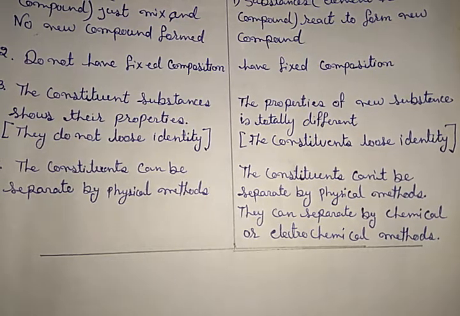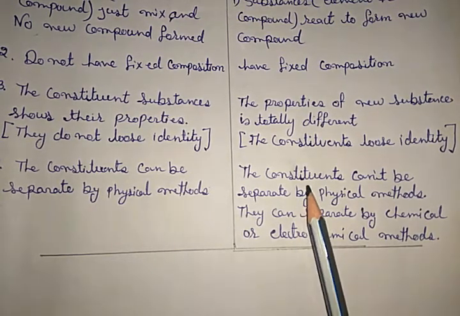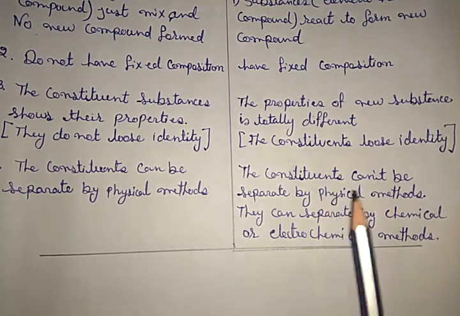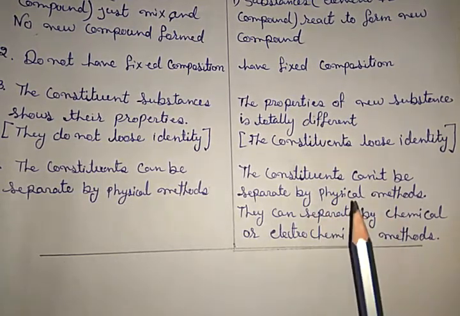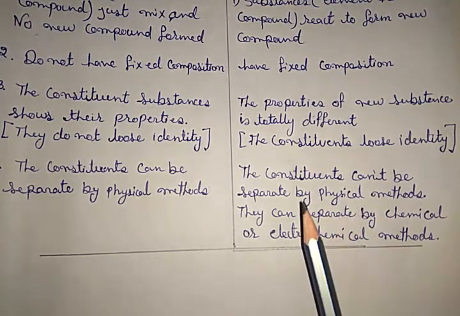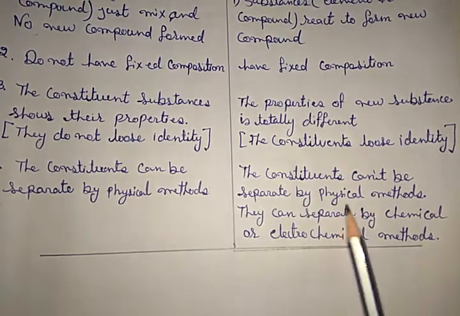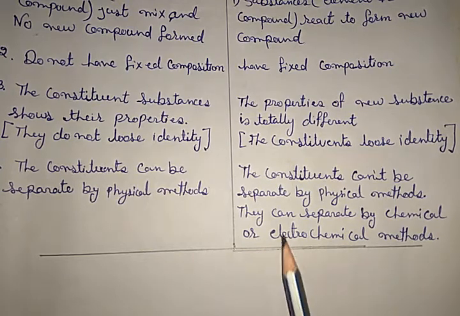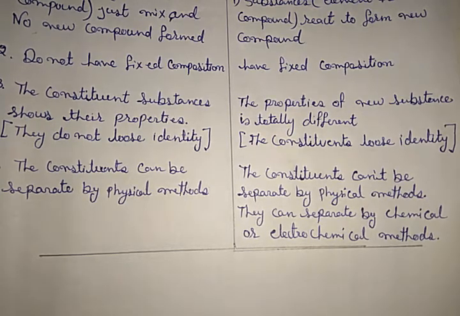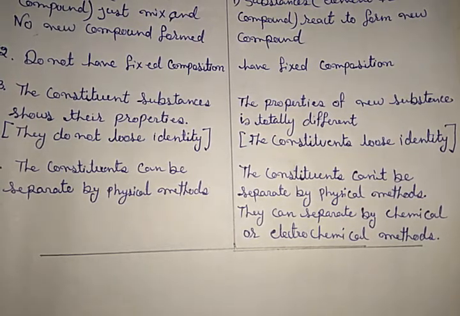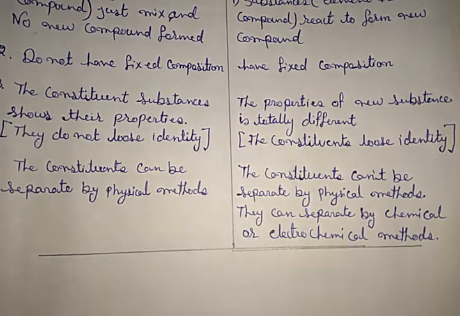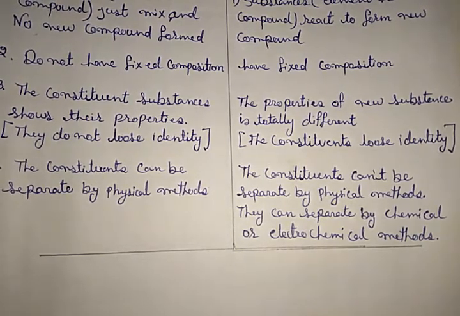As we discussed, when we applied the magnet, was the iron separated? No. When we added carbon disulfide, was the sulfur dissolved? No. So we cannot separate them by physical methods. They can be separated by chemical or electrochemical methods only. By electrochemical methods, with the help of electricity, we can decompose, or by any other chemical reaction we can separate, but not by any physical method.